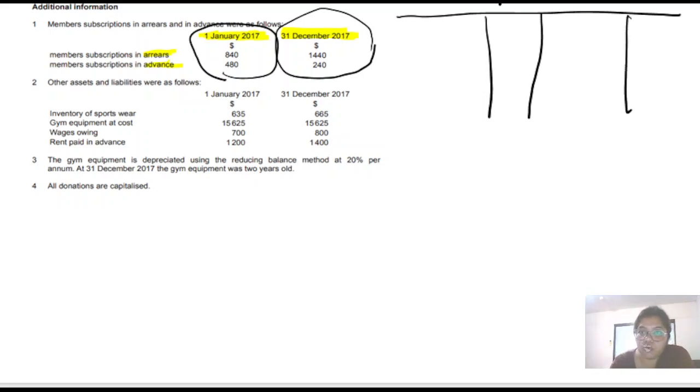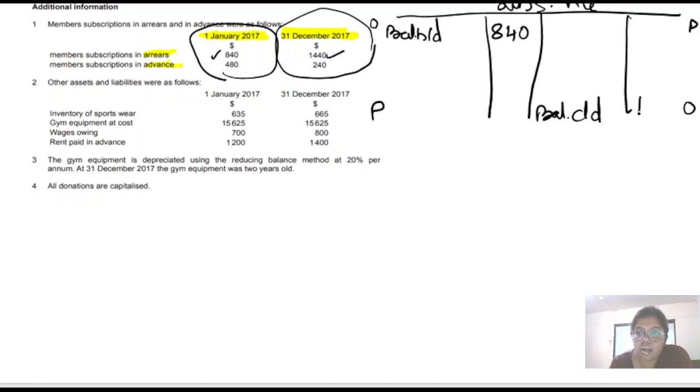so how are you going to prepare the subscription account? Balance brought down, balance carried down. O P P, O means owing, opening balance. Owing means arrear. Arrear opening balance is 840 and closing is 1440.